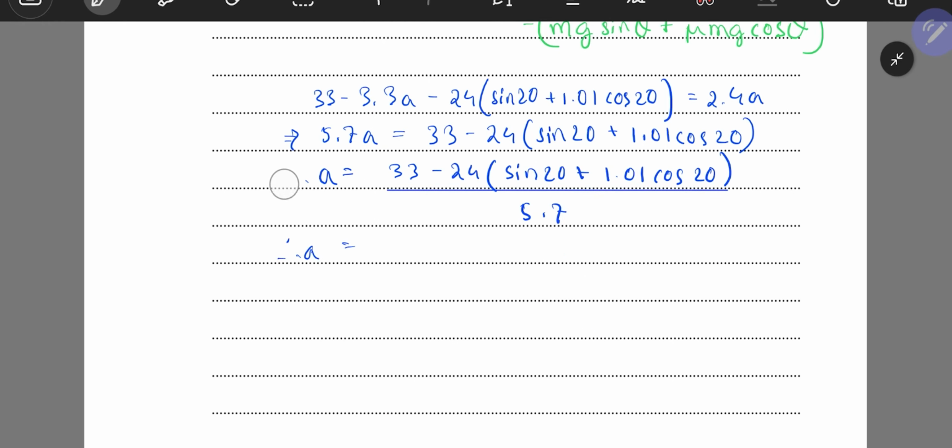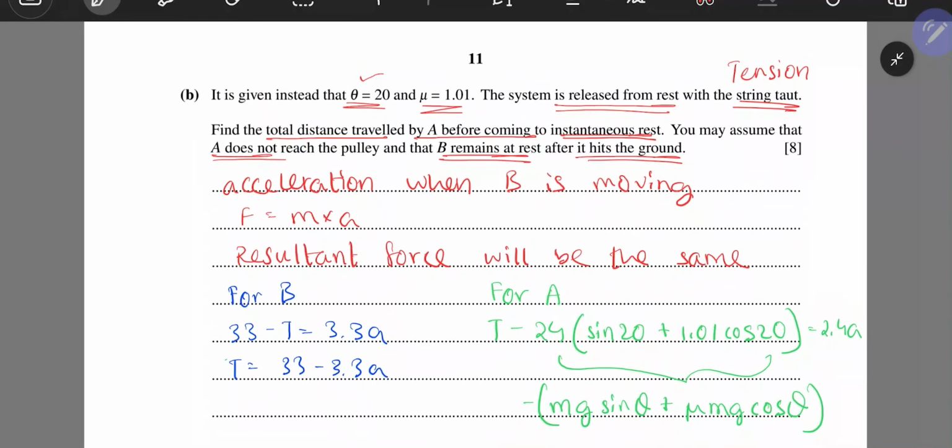Therefore, a is equal to 0.35322. I'll take it as exact as possible. So this is the first acceleration when B is moving.